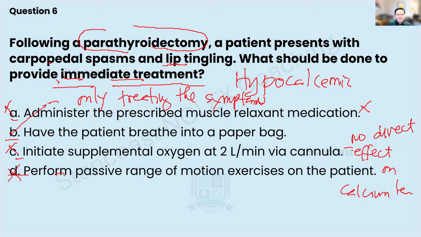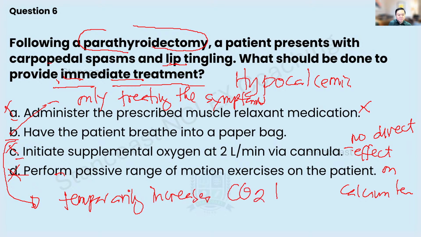The reason that B is correct is because the patient's act of doing this can temporarily increase the patient's CO2 levels. And what is the relevance in increasing the CO2 levels in a patient with hypocalcemia?